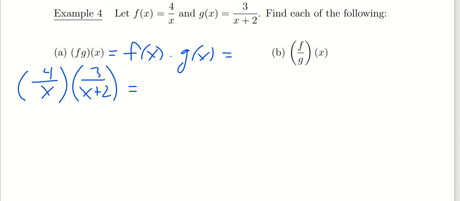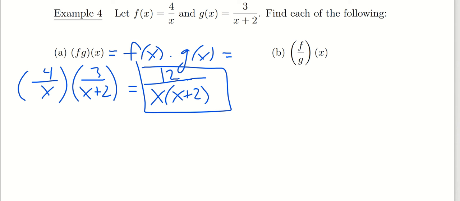We can multiply the tops. 4 times 3 is 12. And it's up to you. You can leave the denominator in factored form. It's a very common practice. Or if you wanted to, you can expand it out. Distributing the x through will give us x squared plus 2x. But this is going to be our product function. F times g is 12 divided by x times x plus 2.